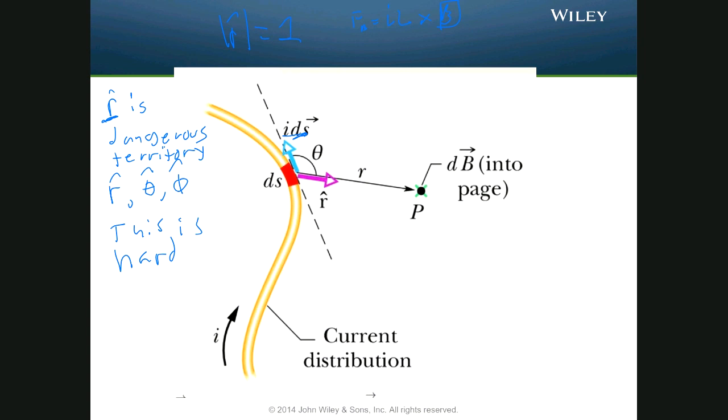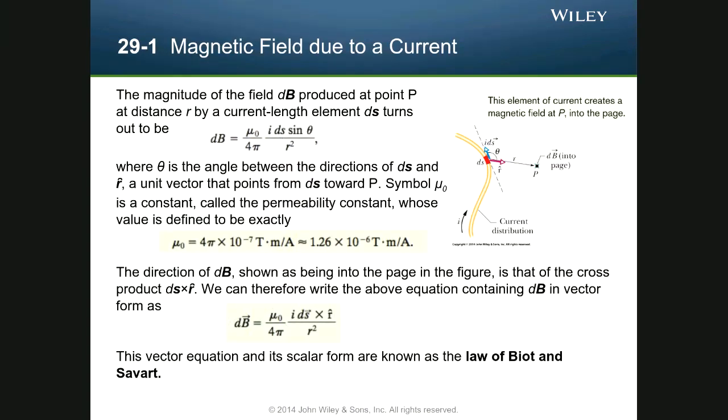So when we look at our setup here, you'll notice we have an r hat, an I dS, and we have that our dS gives us an I dS, a theta, and an r to r hat, this distance to the point we're interested in. And so you might suspect that we are going to use a cross product, and we are. But don't freak out.